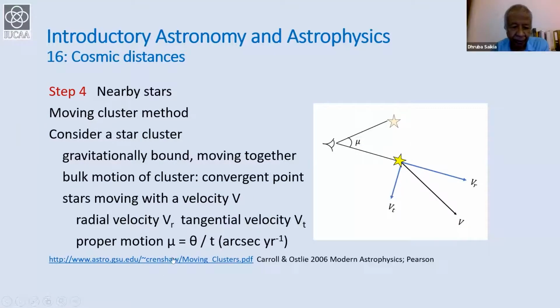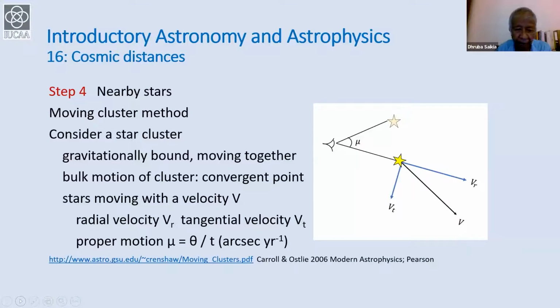Okay, and because it is moving in the sky plane, which is orthogonal to you, it'll have a certain proper motion, which is given by mu over here, which is the angular distance it has traveled divided by the time over which you have made the measurements. You can put it in terms of arc seconds per year, and that would be the proper motion of the object.